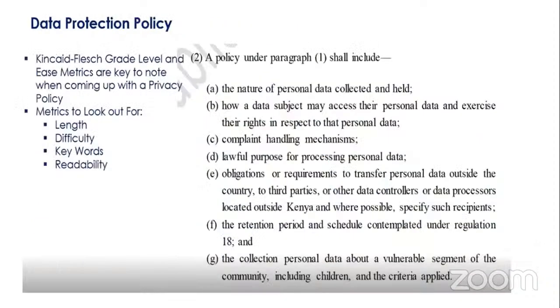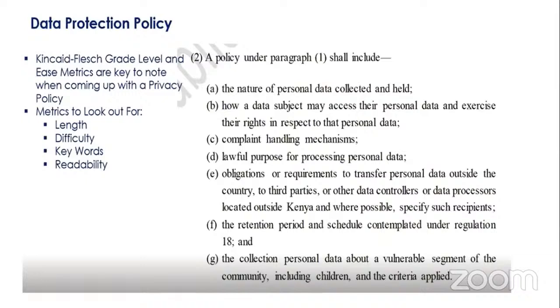And then we also have the data protection and privacy policy. As an organization, you need to have a policy, and those who work in IT, HR and also finance should come up with it.